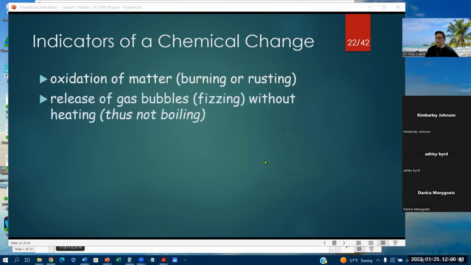Something like a release of gas bubbles, where normally there's no heating involved, there's no heat given off. A good example of this would be an Alka-Seltzer tablet. You take Alka-Seltzer, which normally consists of baking soda, sodium bicarb, and maybe a little bit of acid like citric acid, and they're in solid form.